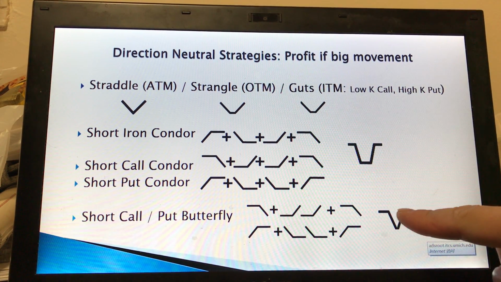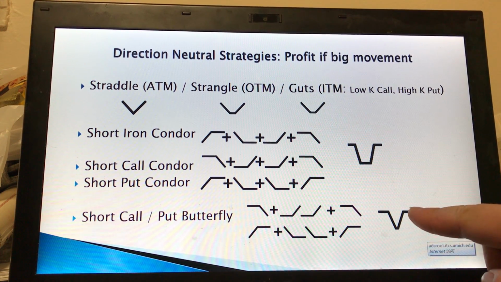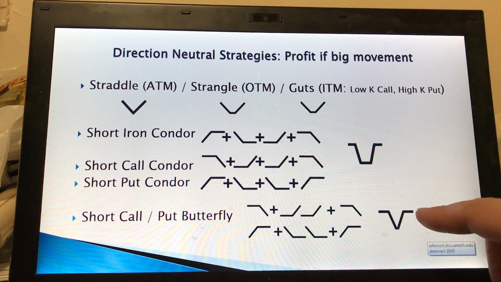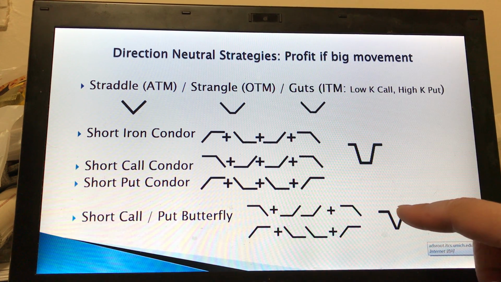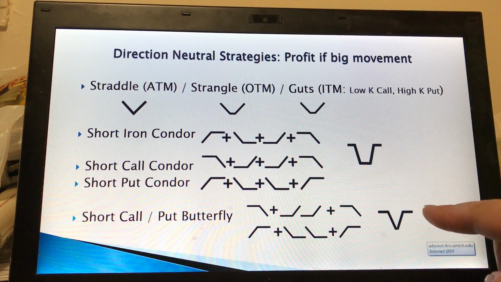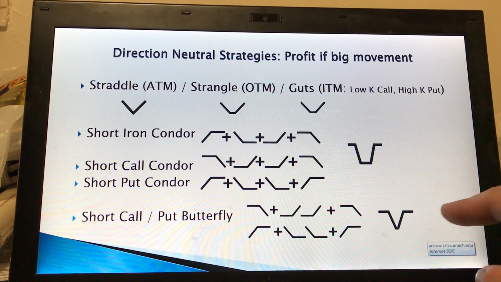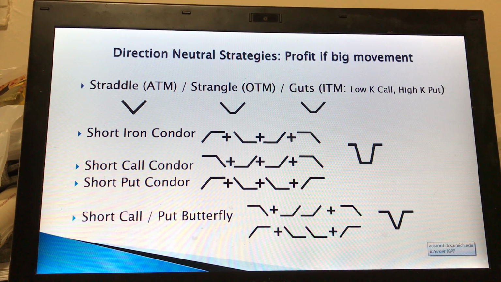For example, if you see that it has already moved to this position and you've almost reached your profit goal, please feel free to also build a short butterfly at this point. Then if it continues to move toward this position, it will continue to bring you more profit.